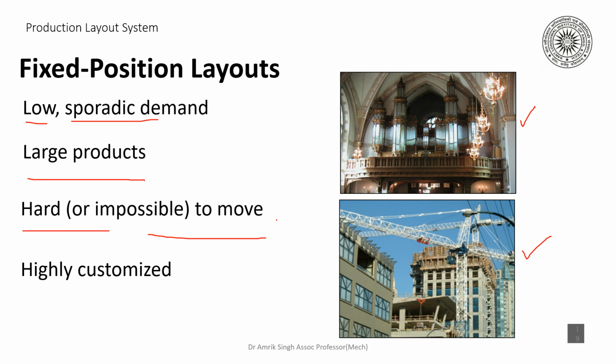Nowadays it can be made by 3D printing, but they are smaller in size. Now, highly customized: you have to make according to the requirement of the customer. So I think you can now understand clearly the difference between a process layout, a product layout and the fixed type layout.